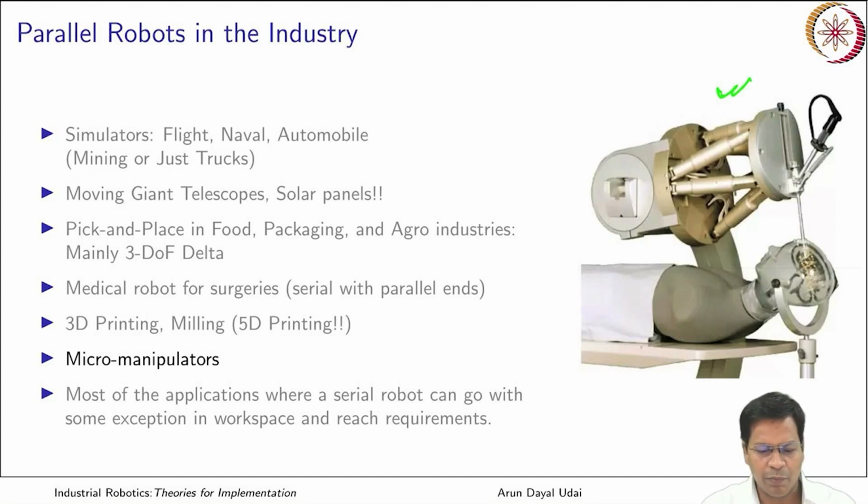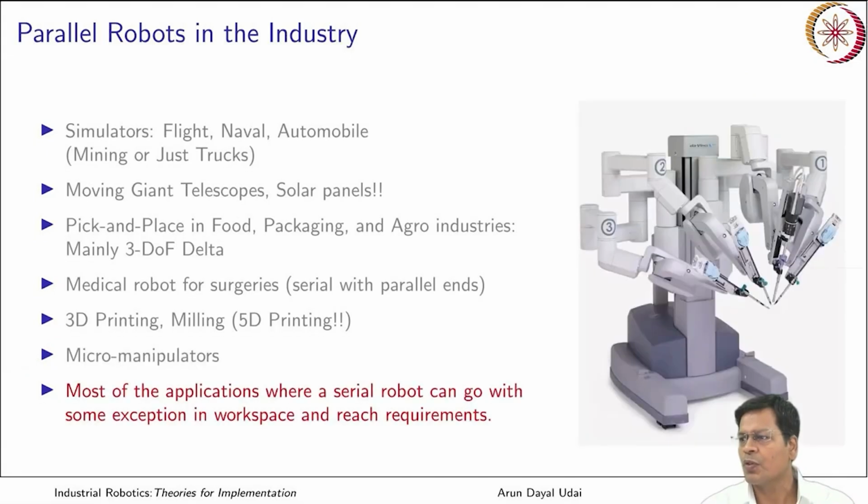So this is your micro manipulator kind of thing. Not just for this, it can be used for, let's say, assembling your wrist watches, okay. So that can be handled also. Most of the applications where a serial robot can go, with some exceptions, even a parallel robot can go, okay. So the workspace can be very similar, the only limitation is in reach, okay. Otherwise it can do everything.